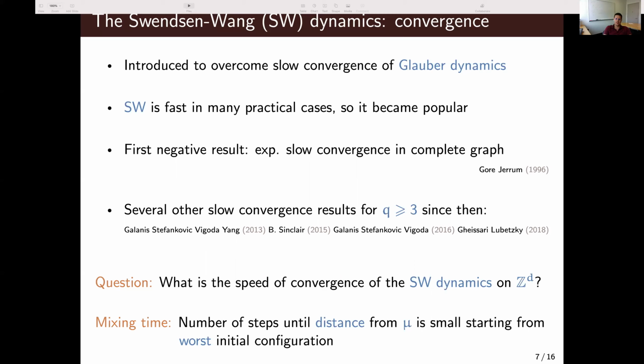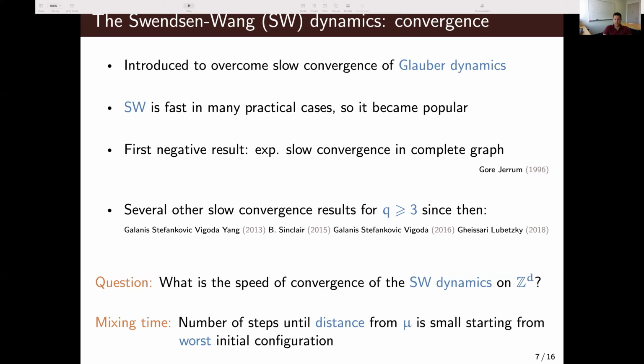In this particular case, it was the complete graph, and for some specific value of the parameter beta, Gore and Jerrum showed that the chain was exponentially slow. Since then we have other slow mixing results, so this is not an isolated phenomenon. The question that we're exploring in this work is how the Swendsen-Wang dynamics behaves on the n-vertex cubes of Z^d.